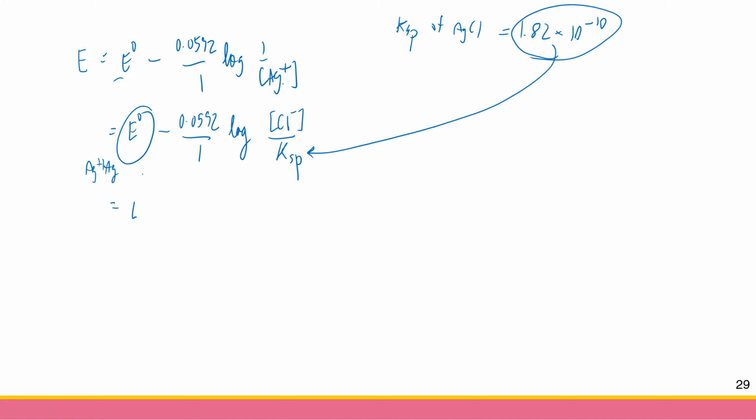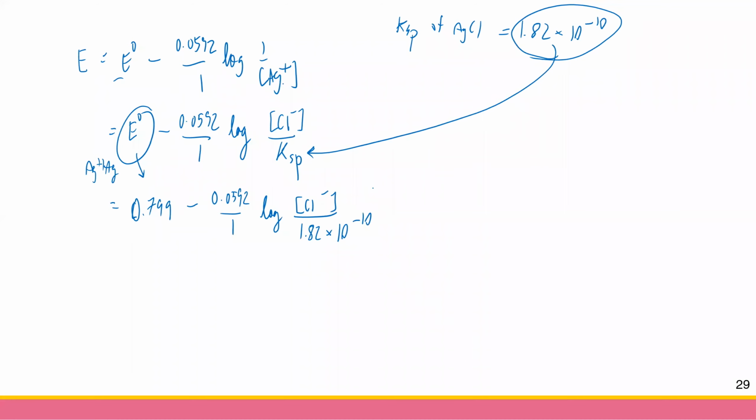From the table, this number is 0.799, right? And the rest is 0.0592 over 1 log chloride. Let's leave it like that. And KSP is this number, 1.82 times 10 to the minus 10.